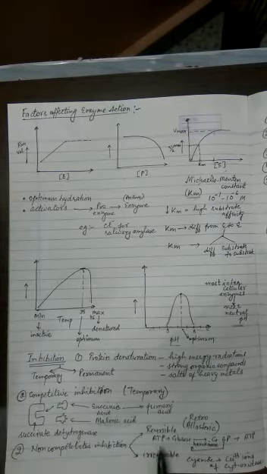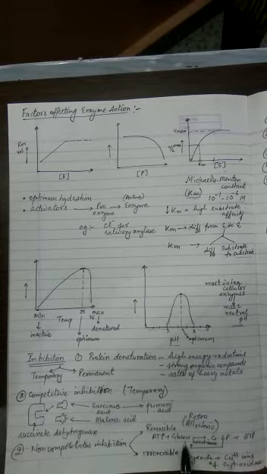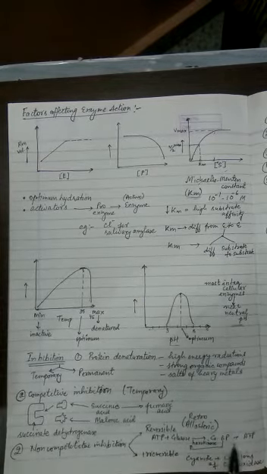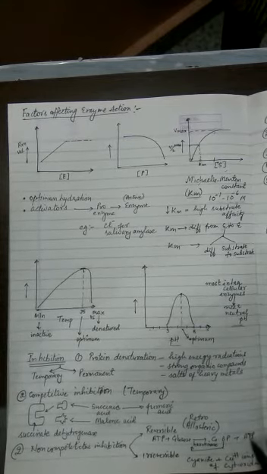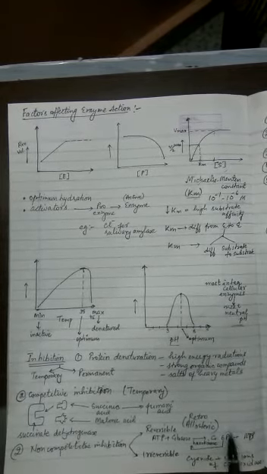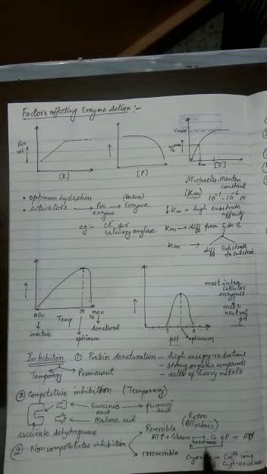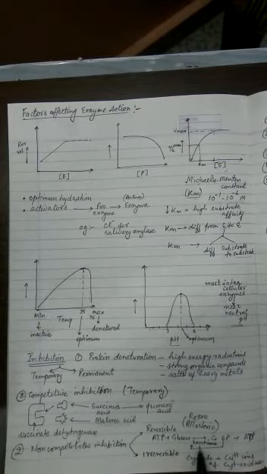Reversible one is the one, like for example, glucose joins with ATP to form glucose 6-phosphate and ADP. Now if there is excess of glucose 6-phosphate, then this will join with the hexokinase enzyme at the allosteric site.